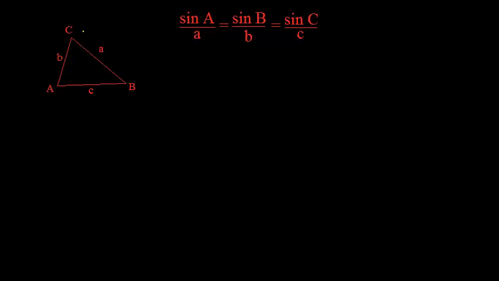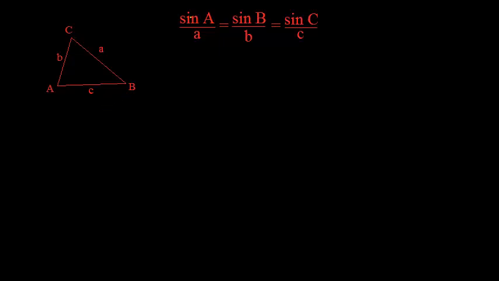However, we do not always have a right triangle to look at. If we have a triangle like this, something that does not have a 90-degree angle, we can consider our angles A, B, and C, and their sides opposite them, little a, little b, and little c. We can then use what is called the law of sines in order to find relationships between all of these angles and sides.